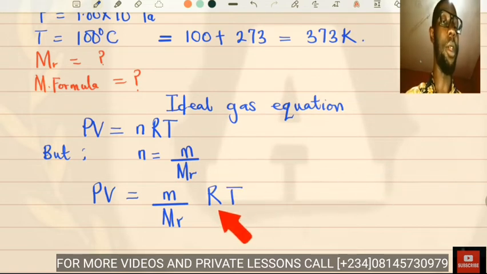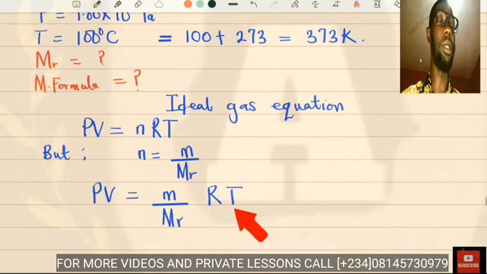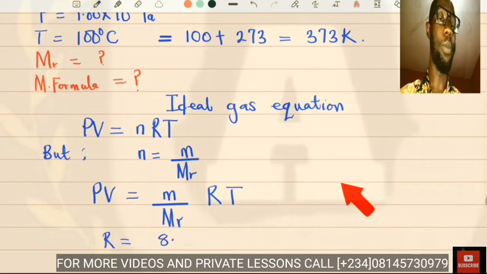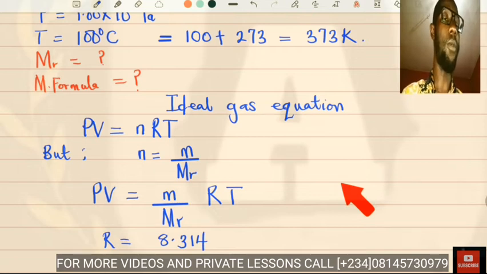Now this R here is known as the molar gas constant, and it has a value of 8.314 joules per mole per Kelvin.